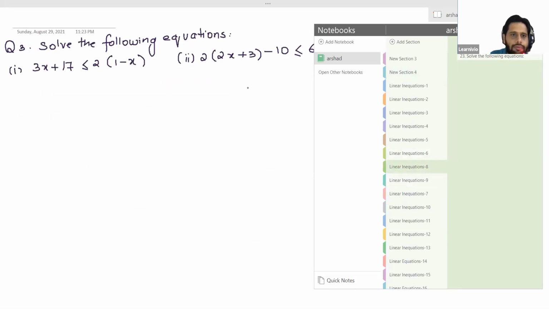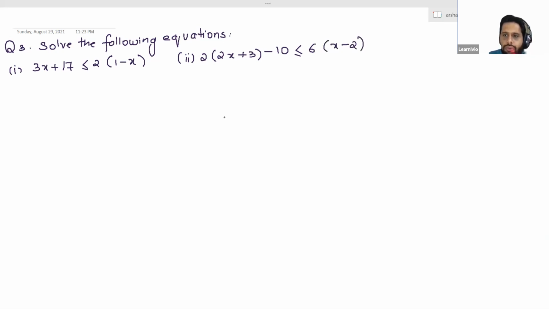Please try question number 3, part 1, and represent the solution on the number line as well as write it in the interval form. Please try the first part: 3x plus 17 less than or equal to this one. Please try this.